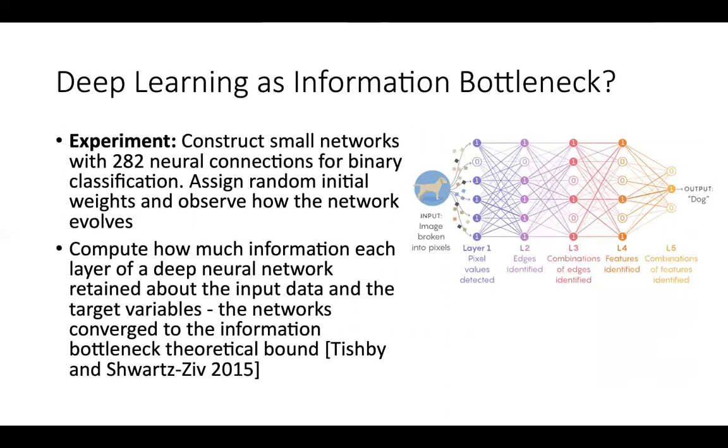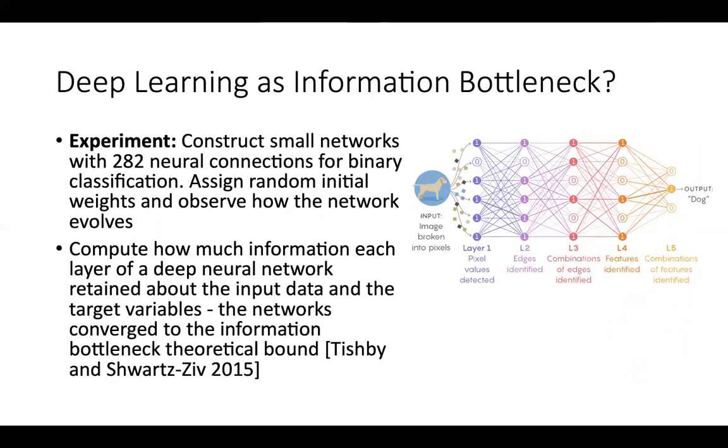Here's the experiment that he and a student performed. Start with a neural network. The task is binary classification. Assign random initial weights and observe how the network evolves. For different layers in the network, compute how much information there is.